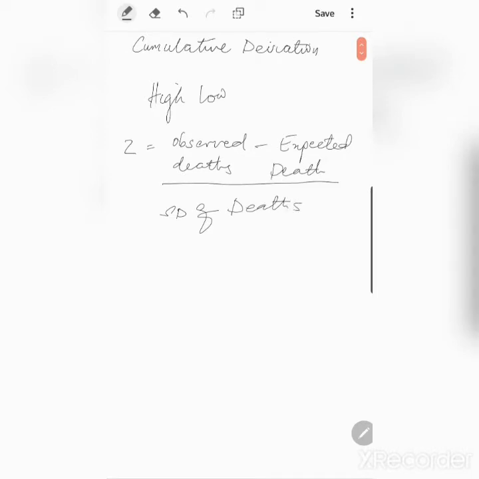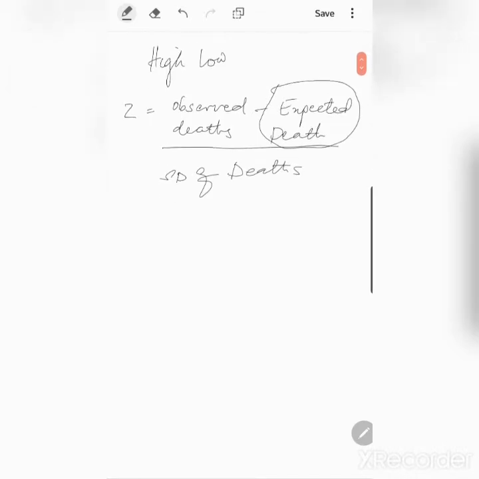Now, depending on what I'm using to model the deaths, we have been discussing the modeling of deaths, either through an assumption of the Poisson, in which case the expected deaths will become the central exposed to risk multiplied by mu x plus half graduated rates.